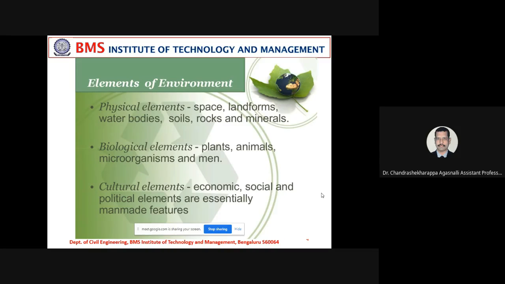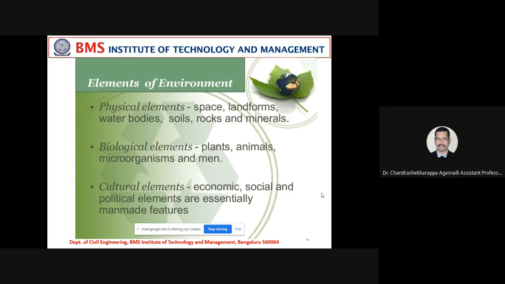Environment is nothing but our surroundings. Whatever you are seeing, whatever you are maintaining around us, that is our environment. That may be a good environment or a bad environment. In nature, all the things are good: space, landforms, water bodies, forests, rocks, minerals, rivers, and a lot of very good landscapes, the plants and animals.